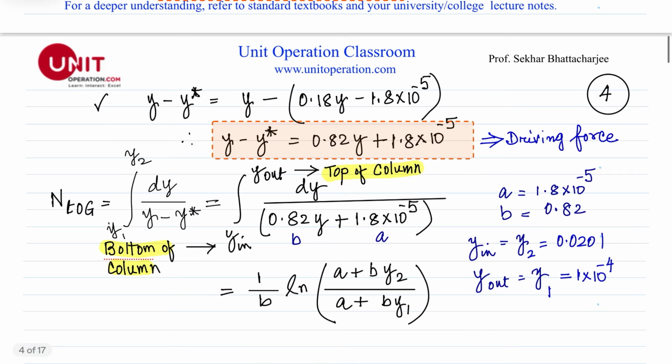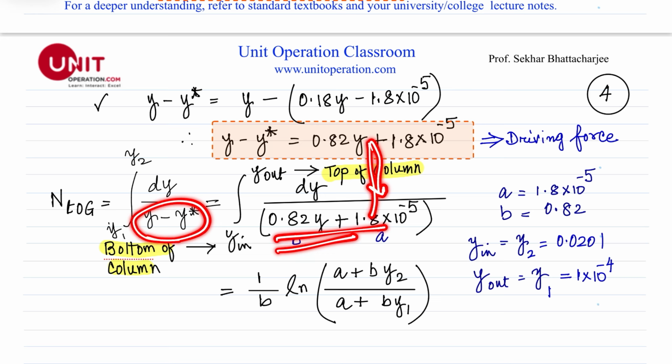NTOG by definition is the integral from y1 to y2. Of course, y in is the bottom of the column, and y out is the top of the column right here. So basically that's the integration we have to do. This is dy divided by y minus y star, and we put in this one right here.